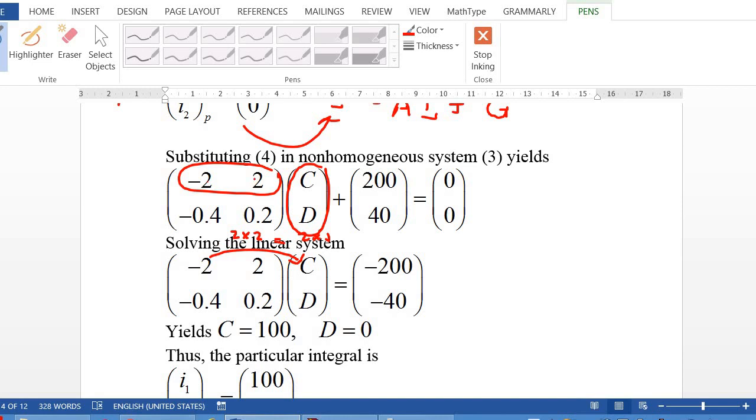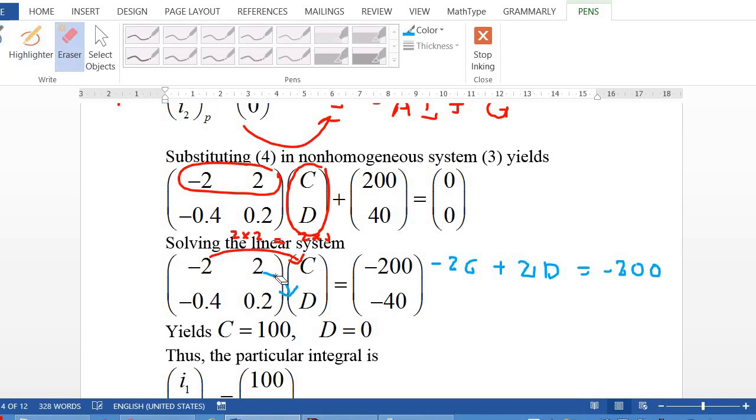So negative 2 times C plus 2D, negative 2C plus 2D equal to negative 200.